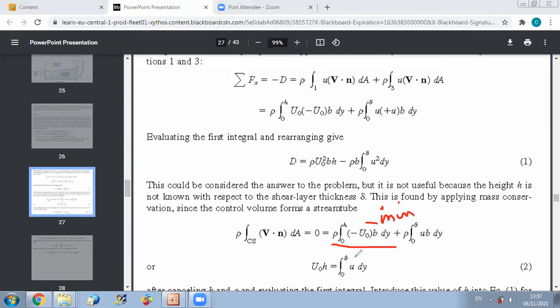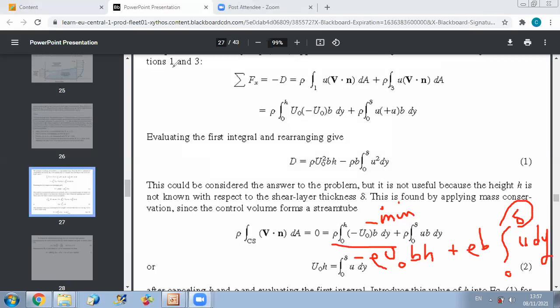So the first term will be minus rho times U0 times B times H, which is rho V A. Okay, this is the expression of a mass flow rate. Plus, for the outlet, rho and B are constant, but U is variable. So plus rho B integral from 0 to delta of U dy. This relation will allow you to get delta as a function of H, and we'll see how with a numerical example.